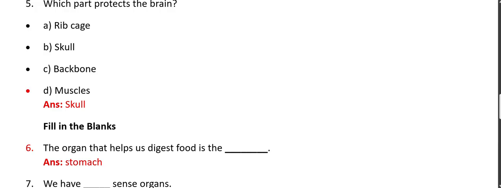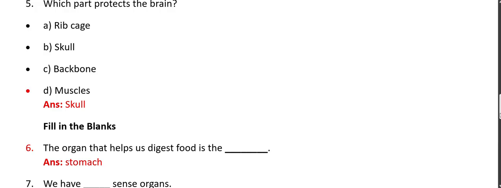Many questions are related to the digestive system. The waste material is removed from the body through the anus.